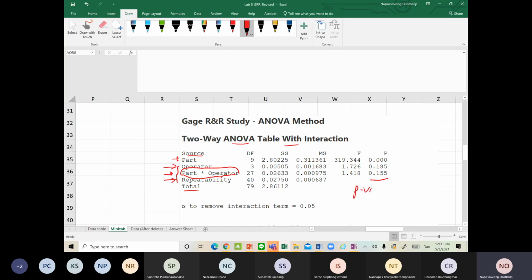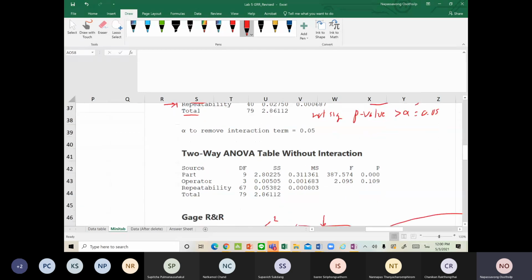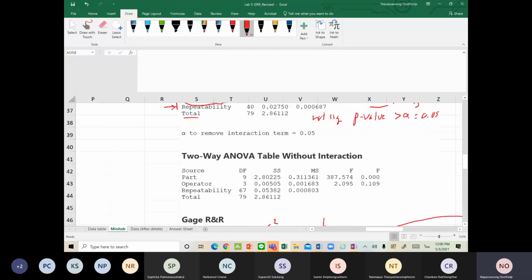Remember, if the p-value is larger than alpha of 0.05, you will say that it's not significant. So in this case, it's greater than 0.05, so interaction is not significant. So if interaction is not significant, when you move to judge whether the parts are different or not, or the four operators are different or not, you will take a look at the table without interaction.